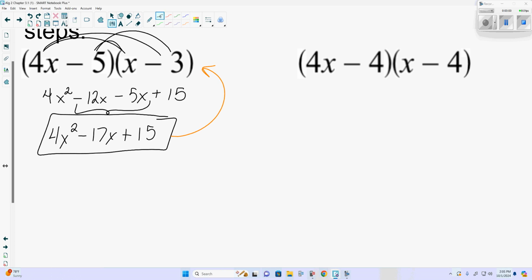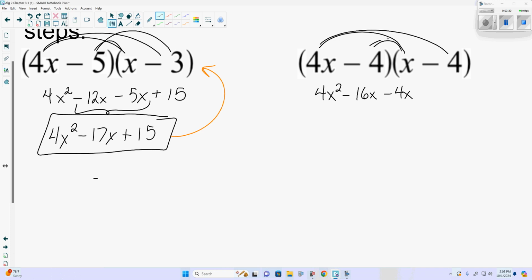We can look at the other one while we're here. 4x times x, 4x squared. 4x times negative 4. 4 times negative 4 is negative 16, and we have our x. Negative 4 times x is negative 4x.